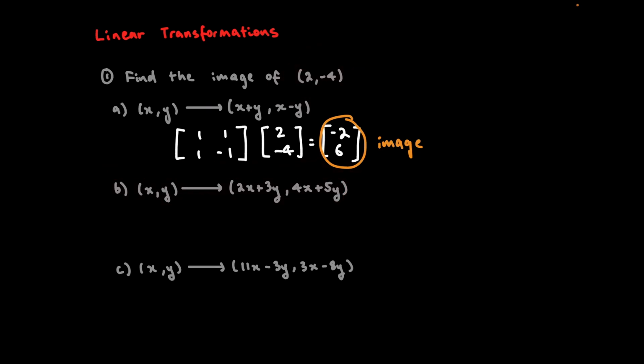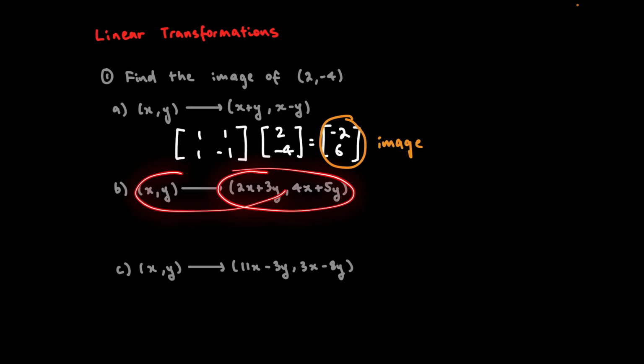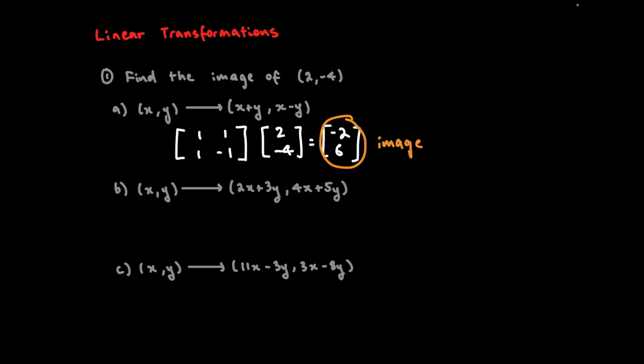How can we work out the linear transformation matrix for this set of coordinate rules? We can generate the linear transformation matrix by just looking at the coefficients of x and y. The x value has turned into 2x and 3y, so in the top row we get a 2 and a 3.